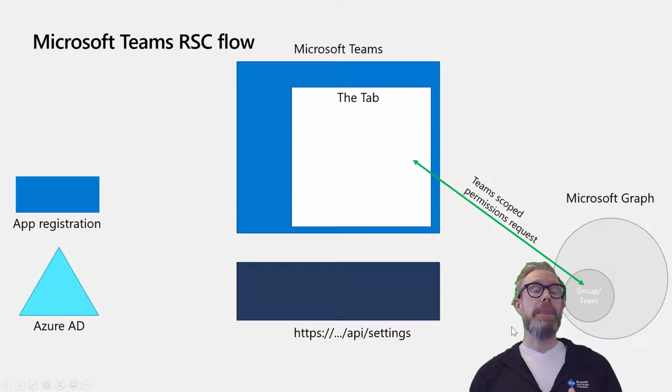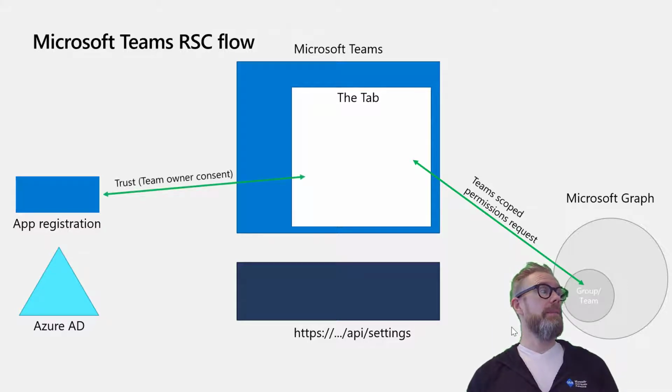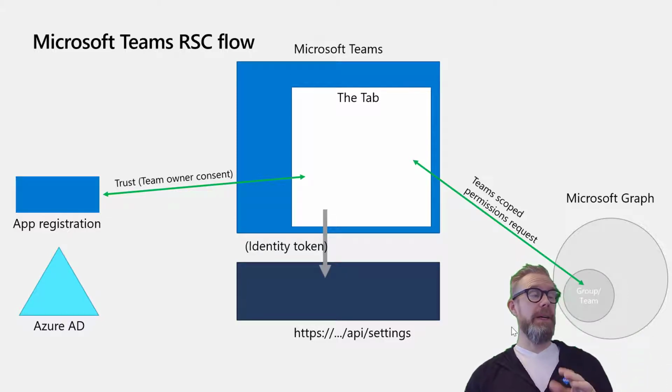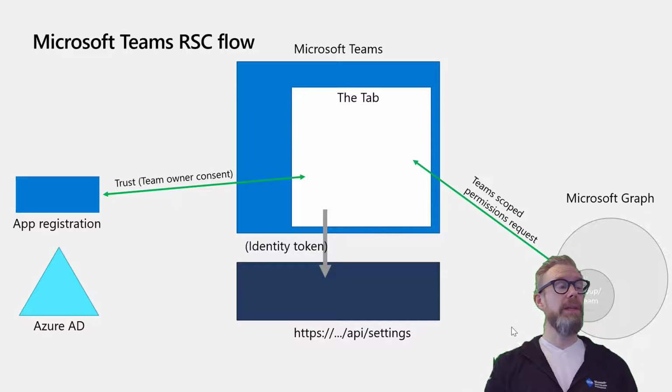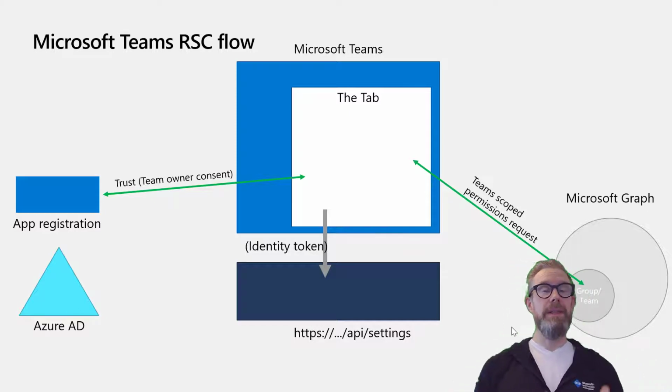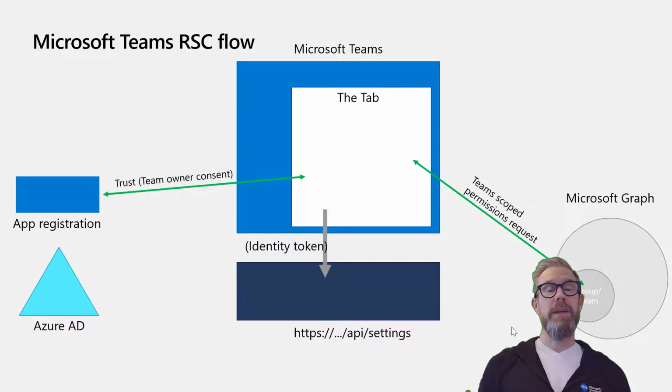And it's fairly similar as a setup to previously, but what we need to add to the mix is this team scope permission request, and that's defined in our manifest. The rest is fairly the same. We need to do the same kind of trust as previously. We need to create that secret. We will pass an identity token into our application. In this case, I want to read the settings of my team or write the settings.